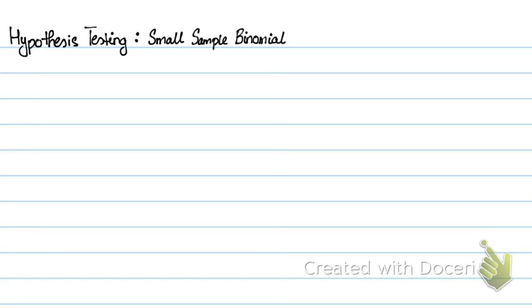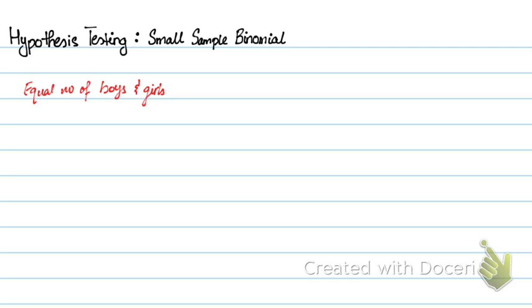Alright, so hypothesis testing for a small sample binomial. Let's say a large apartment complex claims that there are an equal number of boys and girls. And this one guy suspects this claim and he carries out a test.